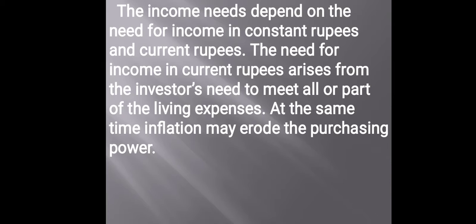The need for income in current rupees arises from the investor's need to meet all or part of the living expenses. At the same time, inflation may erode the purchasing power. The investor may like to offset the effect of the inflation and so needs income in constant rupees.